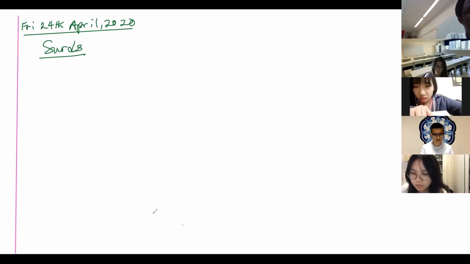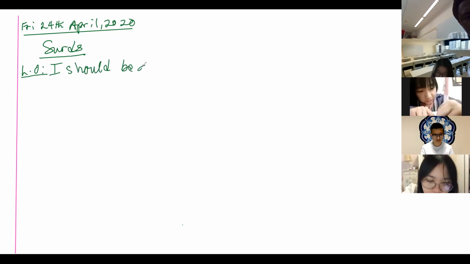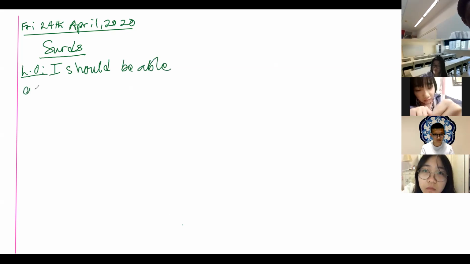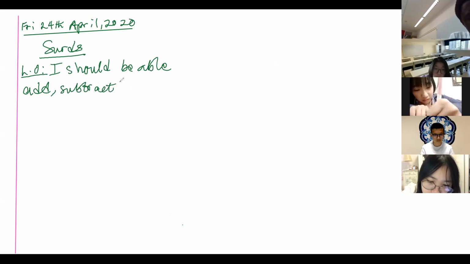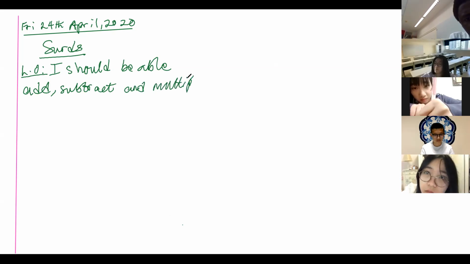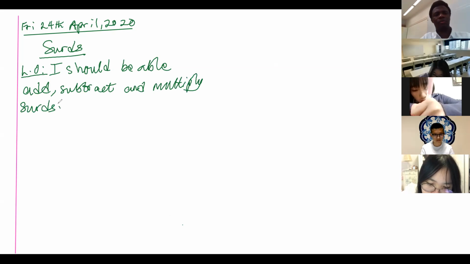So today we'll be looking at how to multiply surds, addition and subtraction and multiplication. The main objective for today is to add, subtract, and multiply surds.